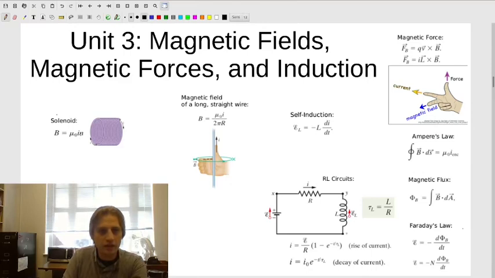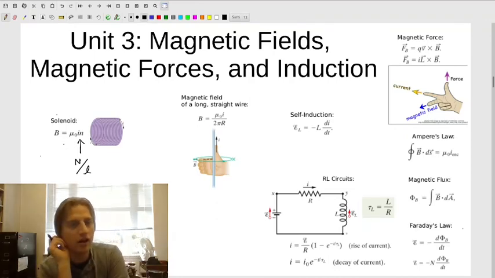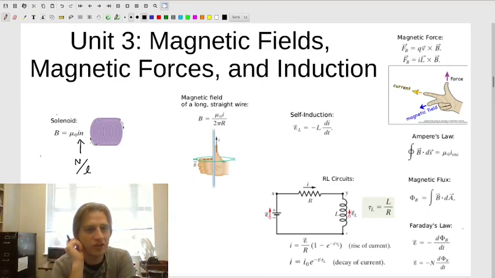And then a similar rule for a solenoid. The solenoid's magnetic field inside depends on the number of turns per unit length and the current that you put through it. And remember, mu naught is a constant that you would look up. It's that 4 pi times 10 to the minus 7 in good units.